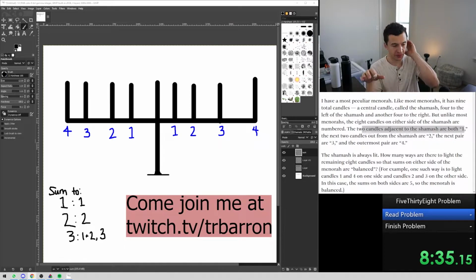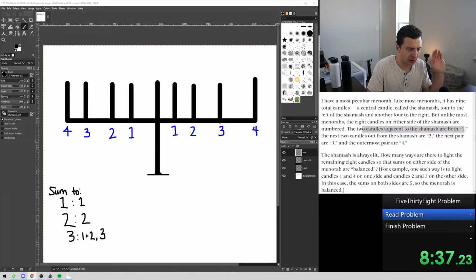And so what I want to do now that we have this concept. Okay, so I breezed past it, but I want to explain this right. So we know that there's one way to sum to 1. And so the number of configurations where the left side equals 1 and the right side equals 1 is equal to 1.